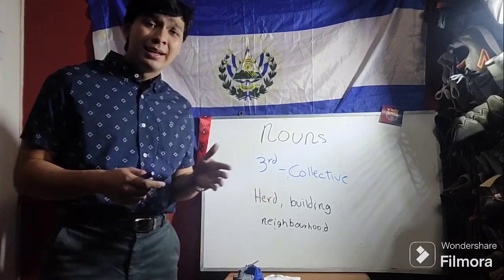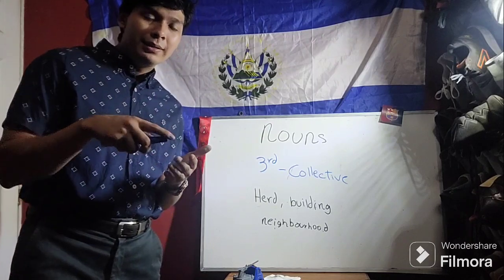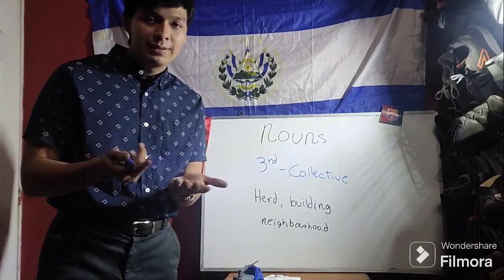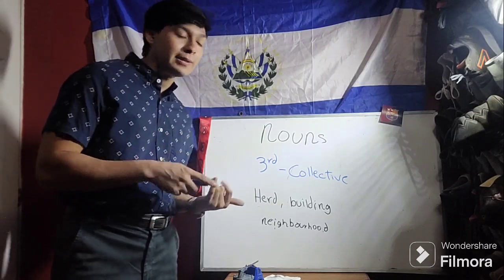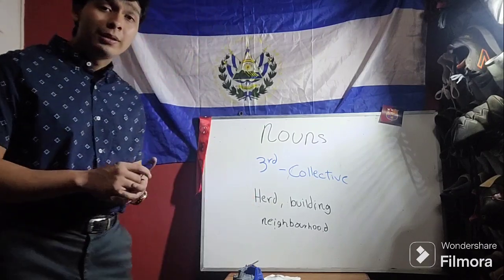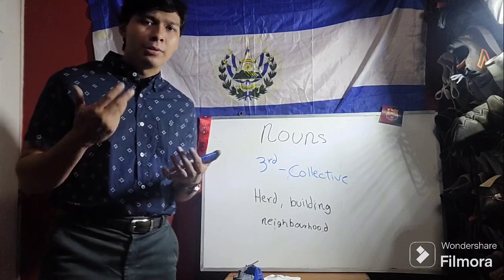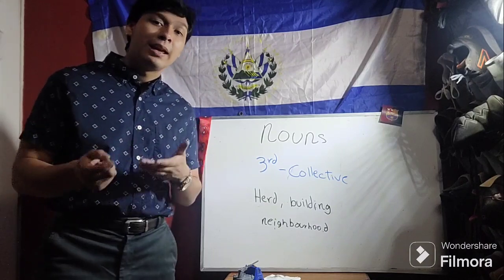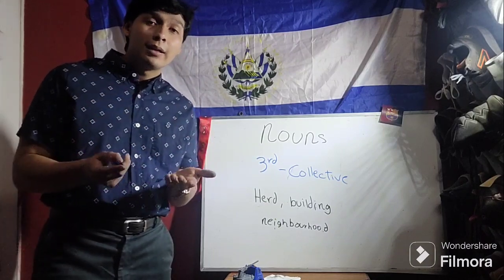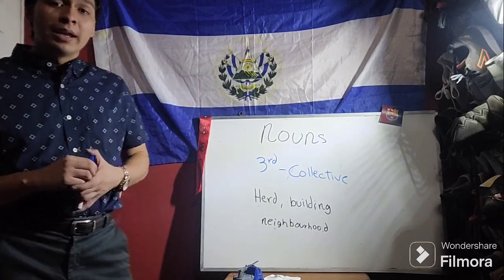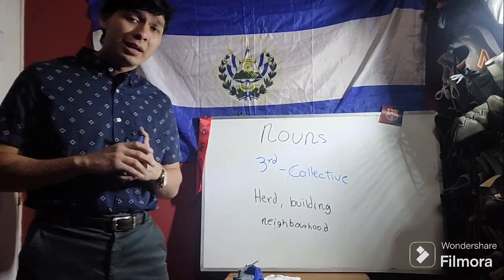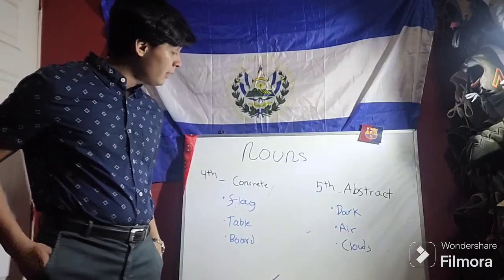A building has offices or rooms inside, so it's a group of rooms or offices. And a neighborhood is a collective noun because there are a lot of houses in there. Those are three examples of collective nouns.